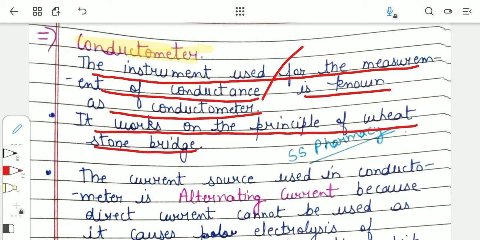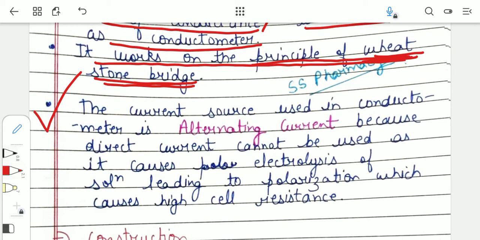We will discuss the principle of the Wheatstone bridge in a few minutes, because in order to better understand how we measure the conductance, it is important to first understand the principle of the Wheatstone bridge. Before that, there is one important point to be discussed here: the current source used in the conductometer is alternating current.